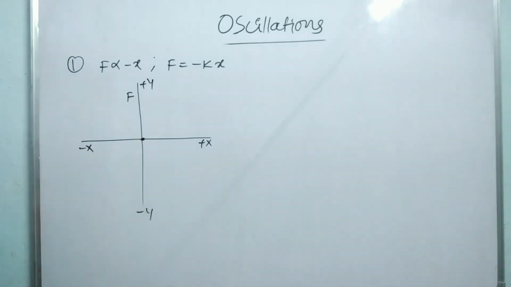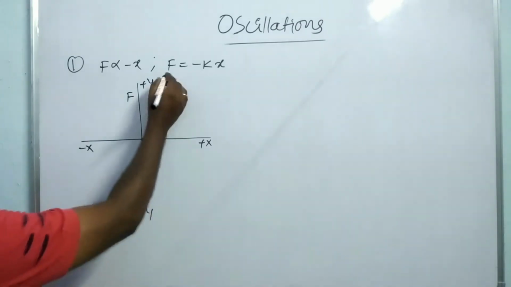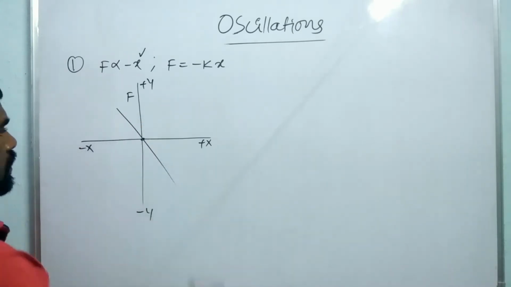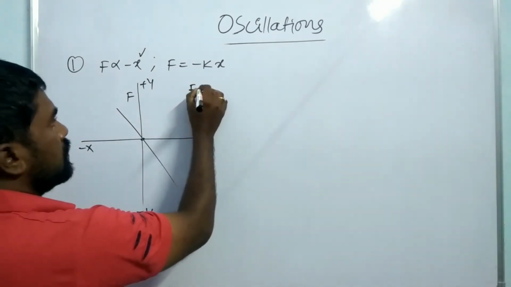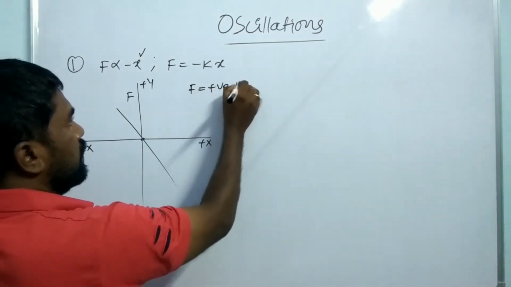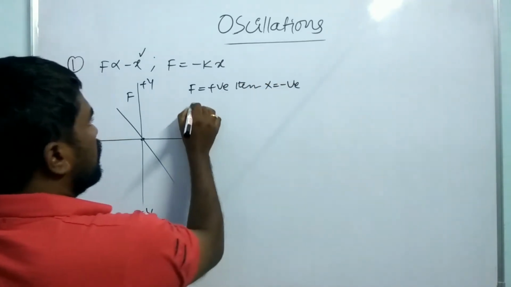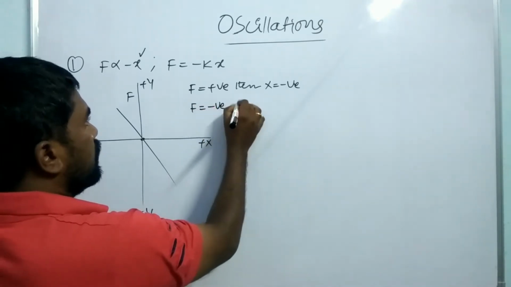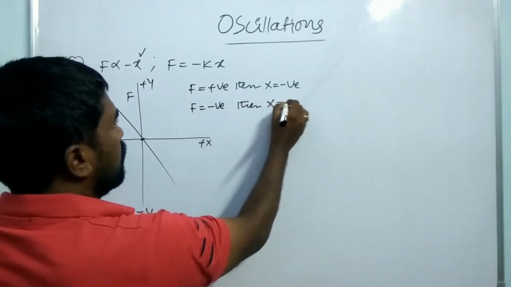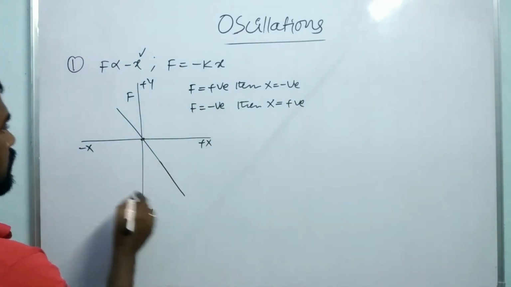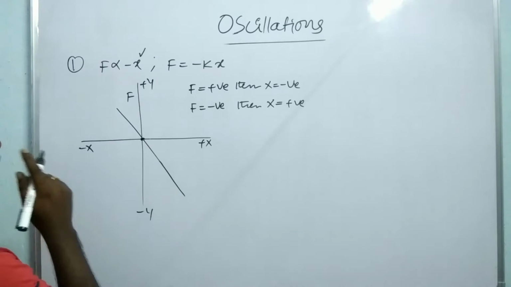The graph here is F proportional to minus x. If x is positive, F is negative. If F is positive, x is negative. So this is the rule here. So this is the graph, a straight line.